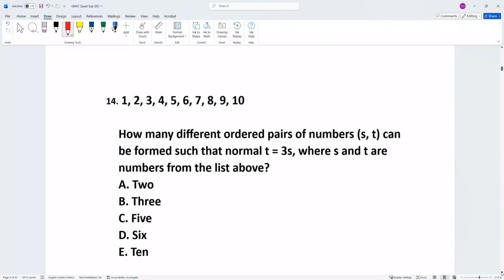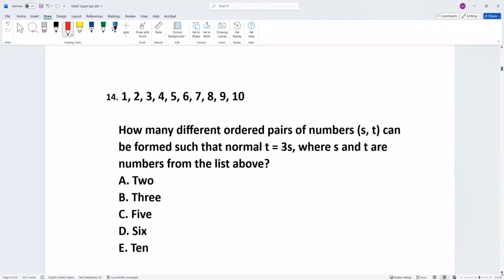Here, the question says: how many different ordered pairs of numbers S, T can be formed such that T is equal to 3S, where S and T are numbers from the list above. So we have this list here. S and T must be part of this list.